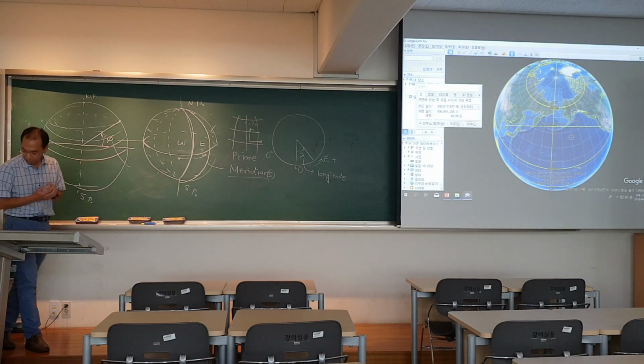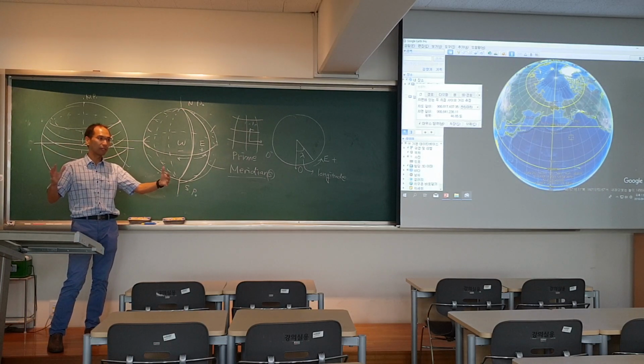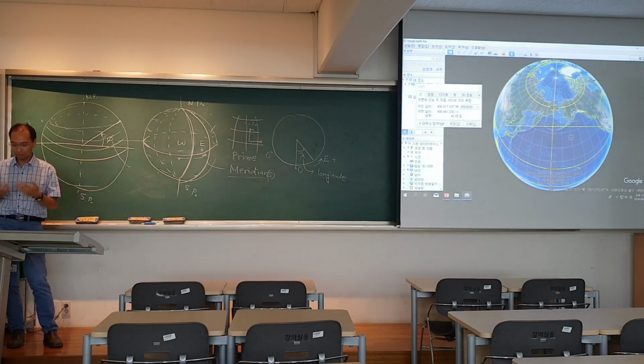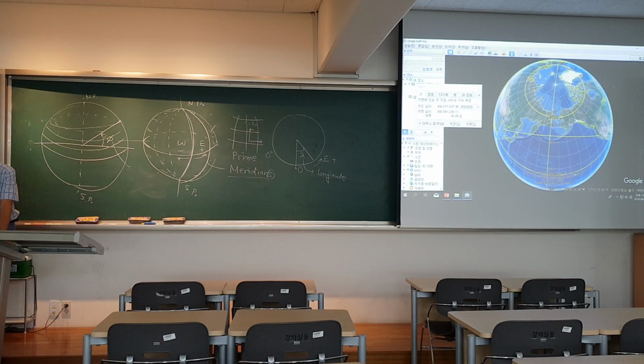In reality, the Earth is not a perfect sphere. It's slightly bigger in the equator. However, for our purpose, we're going to assume it's a perfect sphere. Now you can also see why sometimes going over the North Pole is even shorter.